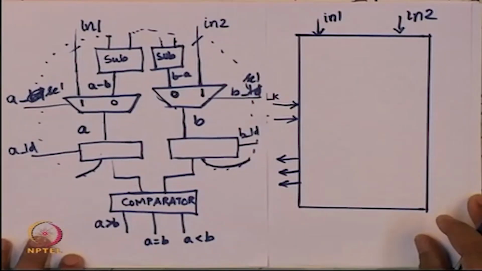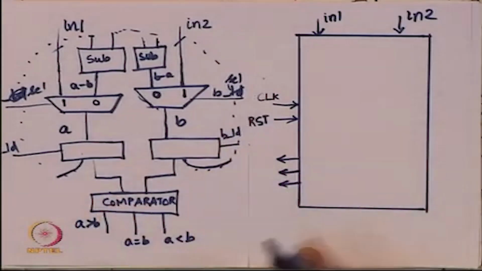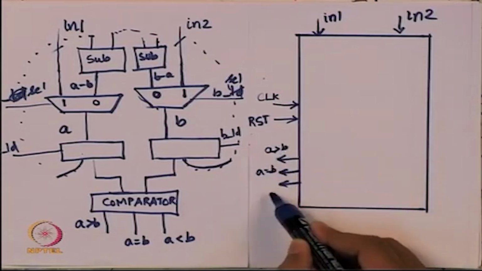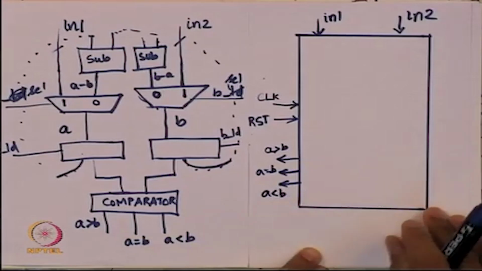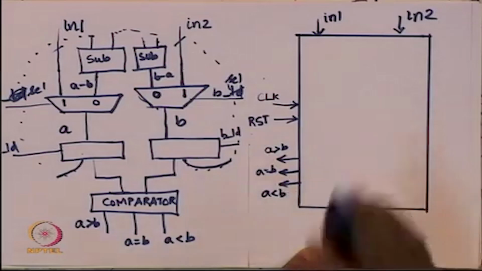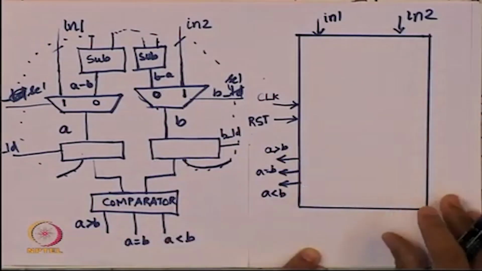The comparator inside is going to give 3 outputs, we are going to tap it to the external world. So, I am going to have this as A greater than B, A equals to B and A less than B. These are going to the external world. From the comparator they need to go out.